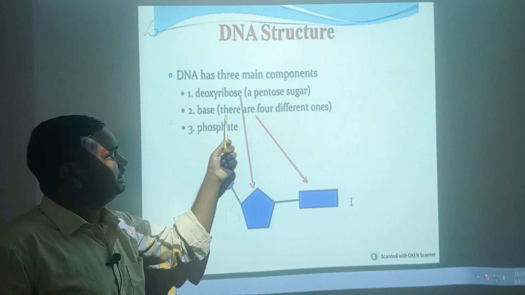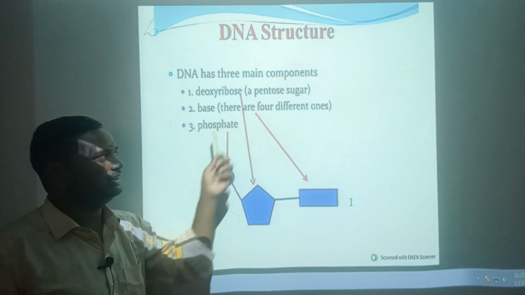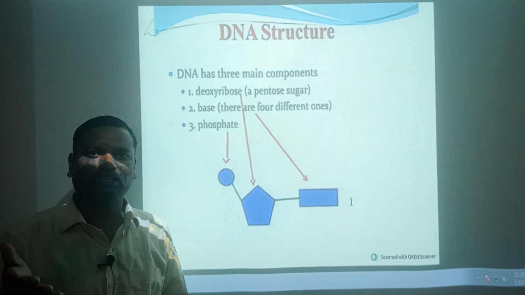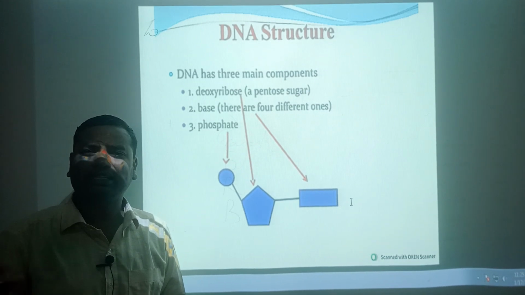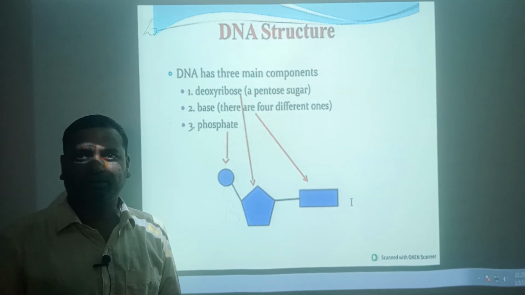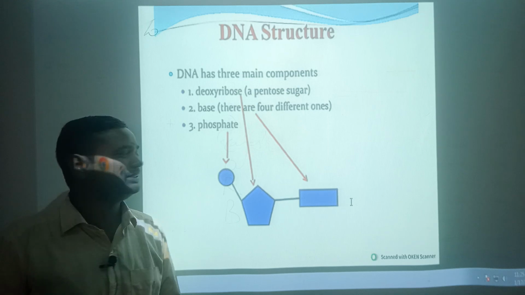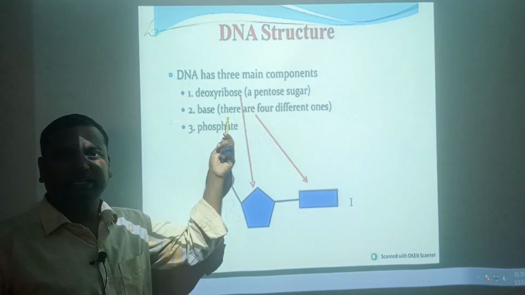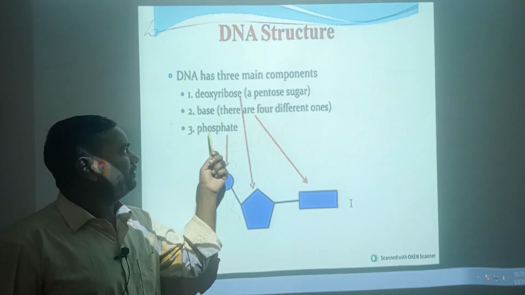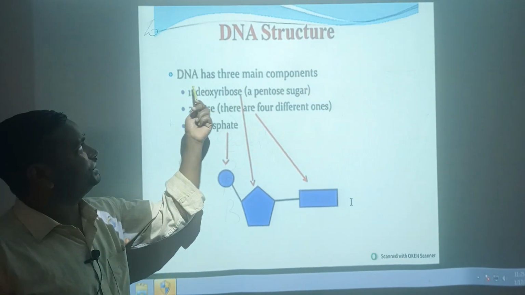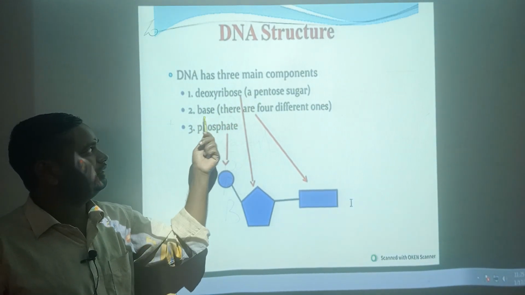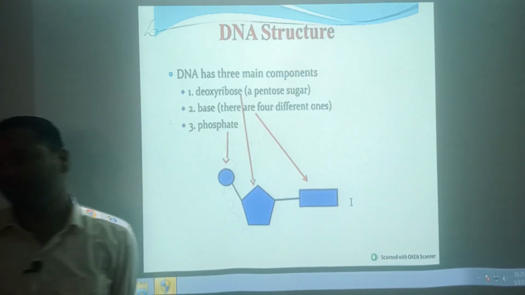Then the bases, of which there are four: adenine, guanine, cytosine, thymine. These are the base pairs in DNA. In RNA the bases are adenine, guanine, cytosine, uracil. But the DNA bases are adenine, guanine, cytosine, thymine. And then the phosphate. So DNA has three main components: deoxyribose, the bases, and the phosphate group.